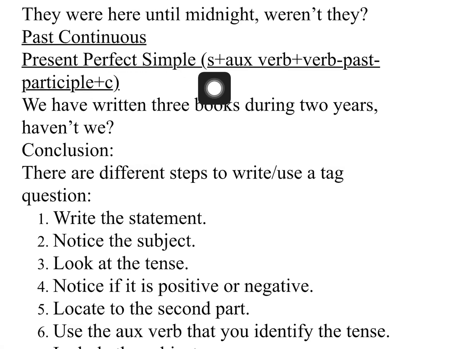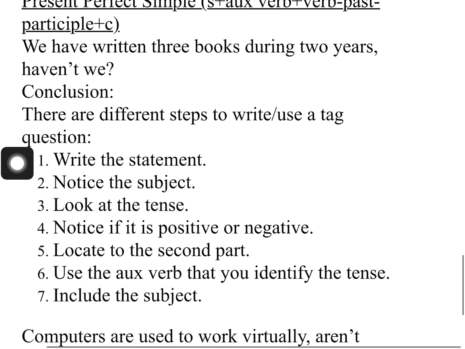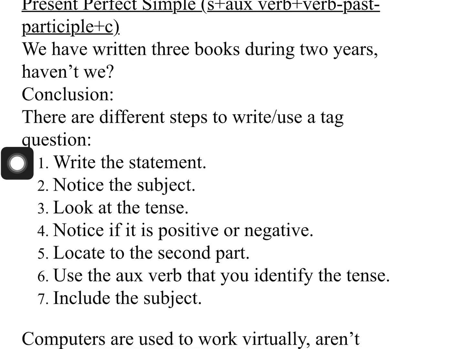And the present perfect simple, remember that is subject plus auxiliary verb of the perfect tenses, that is have here, or has in that case of the third person, and the verb in past participle. When we want to use the present perfect simple in a tag question, that is the easiest part.